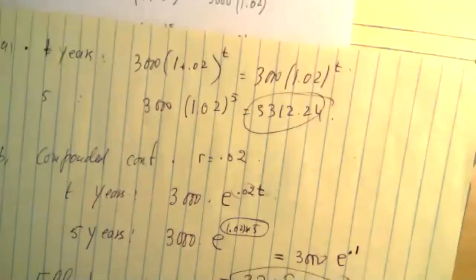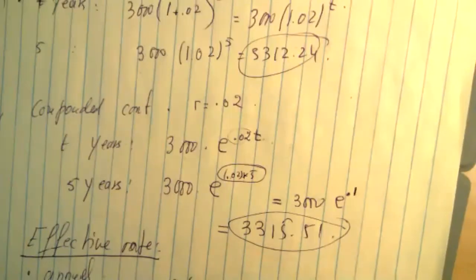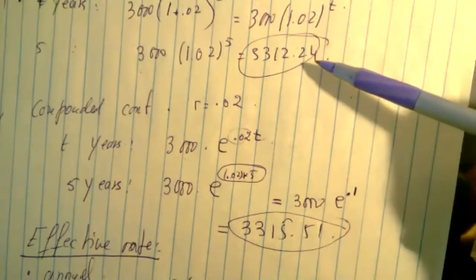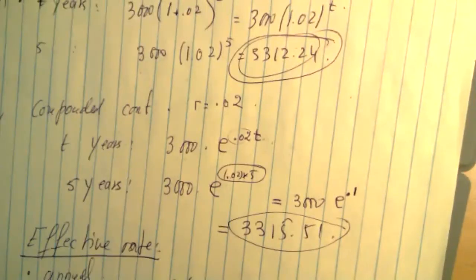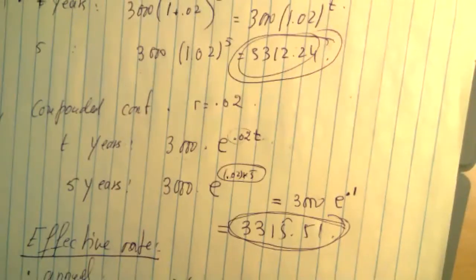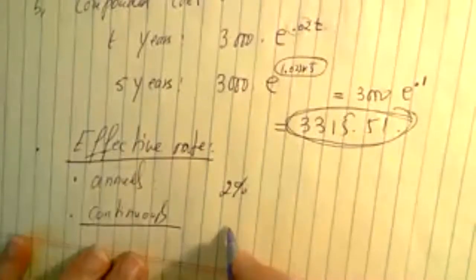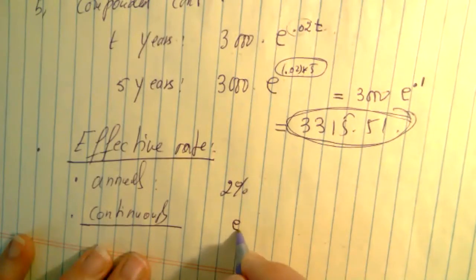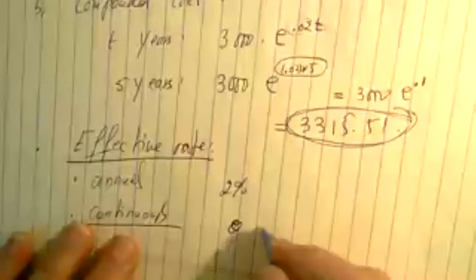It means, of course, I'm getting more than 2%. Because if I get 2% after 5 years, that's how much I have. But since after 5 years I made more, it means I'm getting more than 2% per year. That's the effective rate. So what's the effective rate? For continuous compounding, the growth factor first.